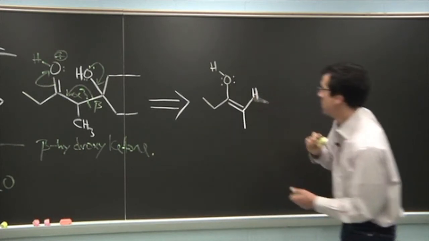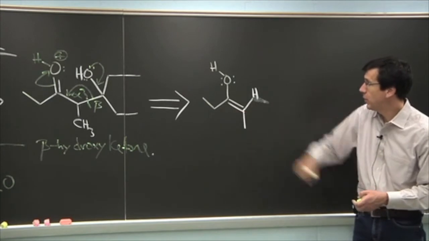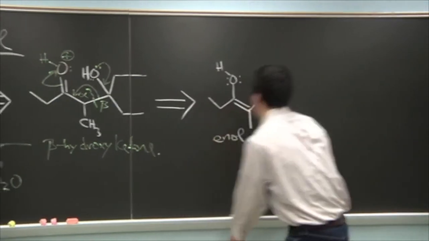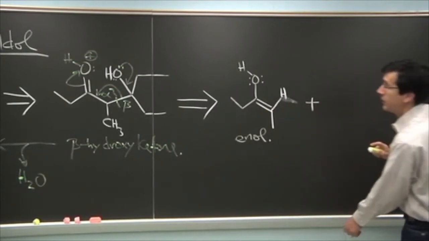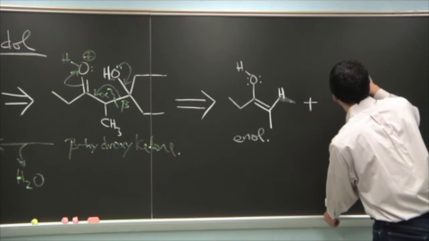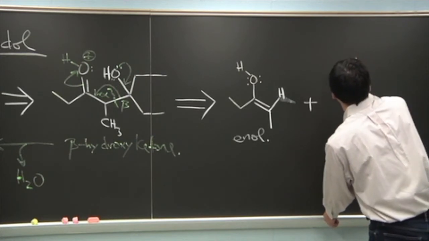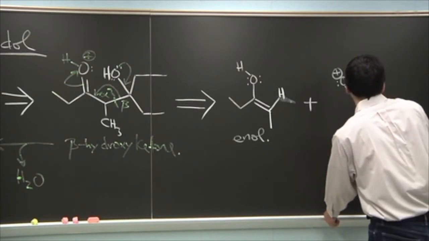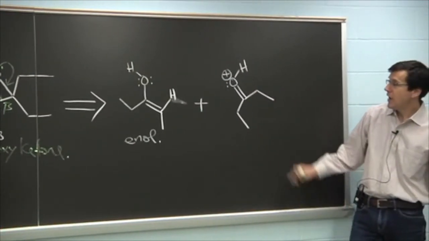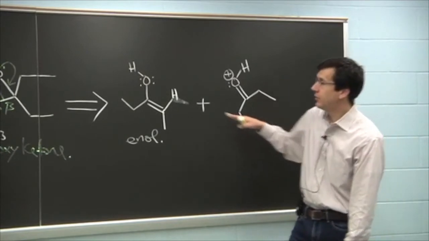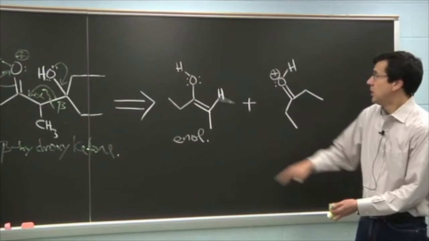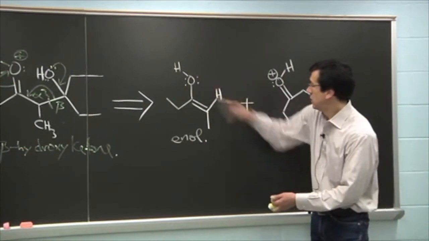Okay. So here is one component. This is an enol. And then the other component looks like this. So now I do have two pieces that I can put together to give this beta hydroxyketone. This is an enol.